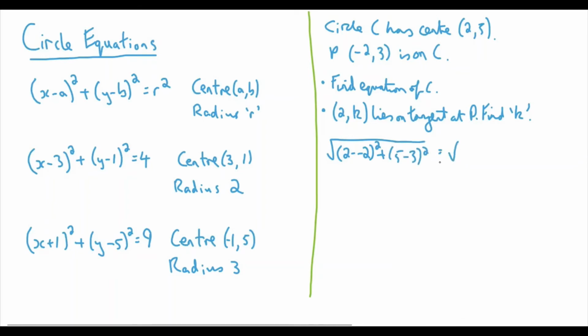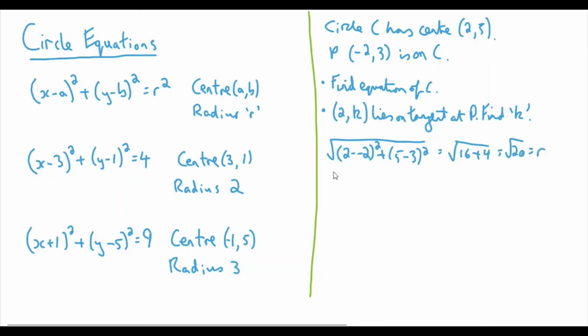So 2 minus -2, minus is plus, so 4 squared is 16. And then here, 5 minus 3 is going to be 2, 2 squared is 4. So R is the square root of 20.